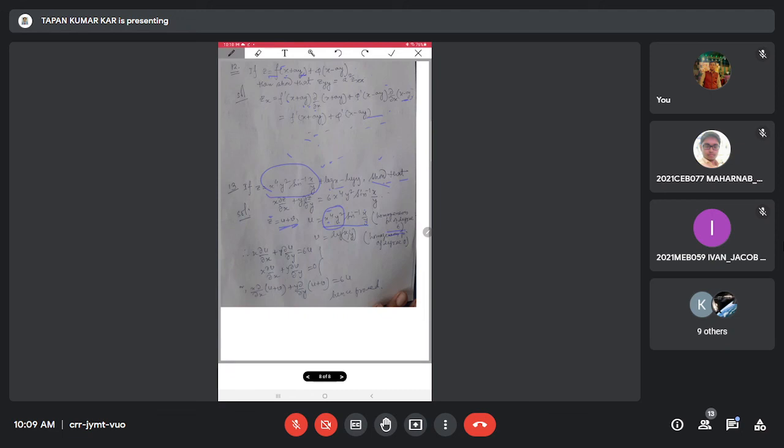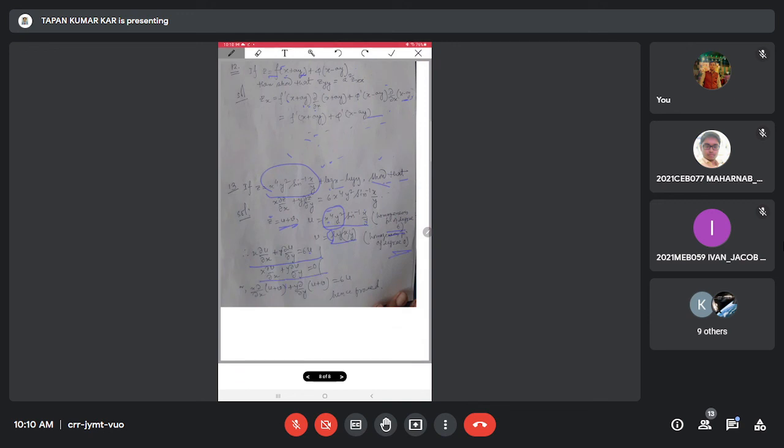So by Euler's theorem, this one, 6u. And if you consider v equal to log of x by y, then it is a homogeneous function of degree 0. So degree 0, so by Euler's theorem, this one.